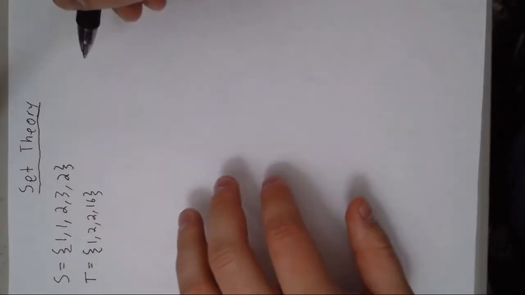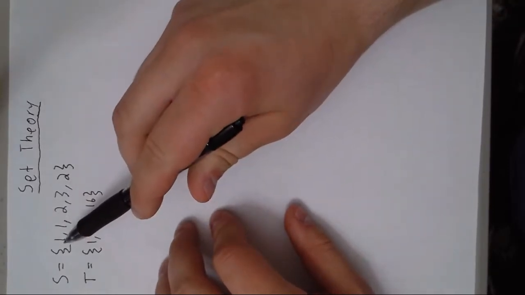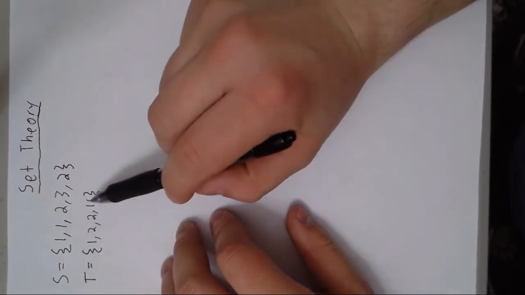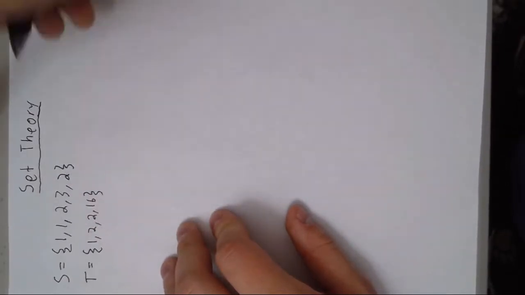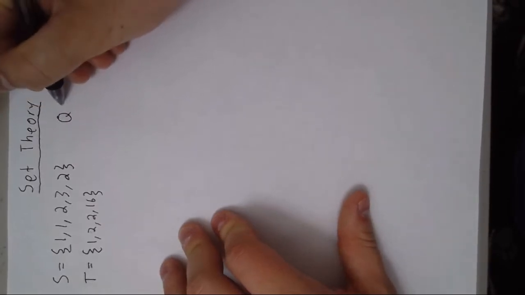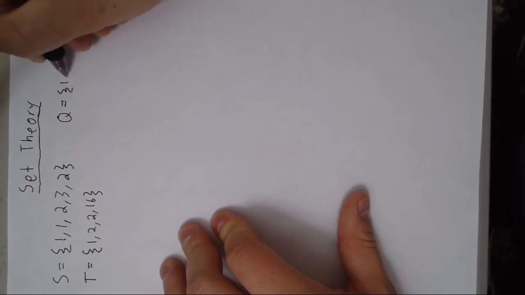One term you should probably know is a subset, and all a subset is a set that has all the elements in the first one. So T would not be a subset of S because it has a 16, which isn't in S, but an example of a subset of S is if we had the set Q, and let's make Q equal to 1, 1, and 2.